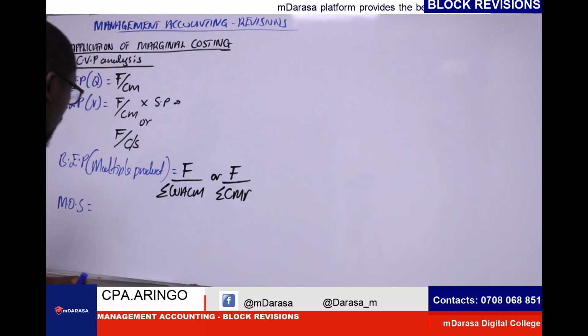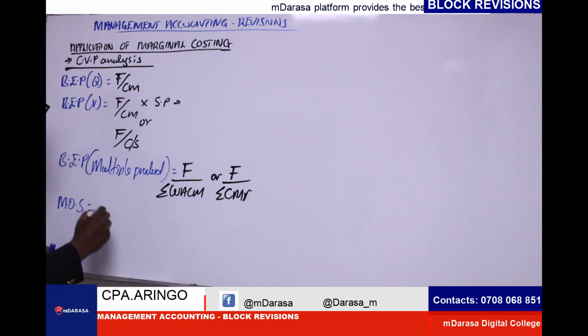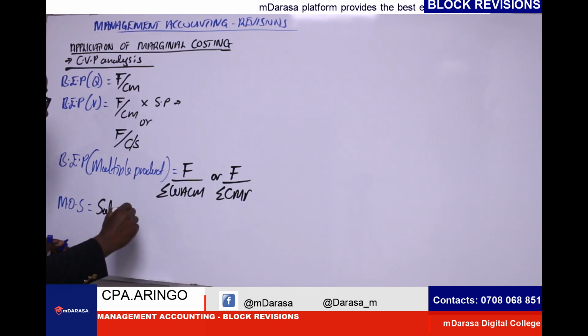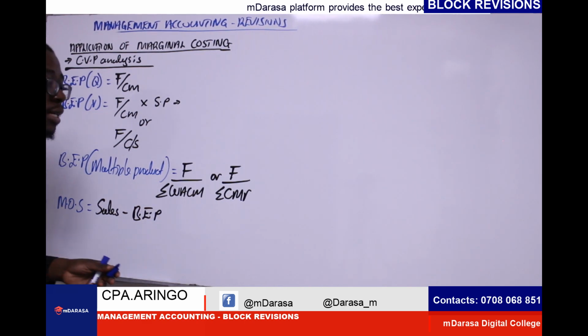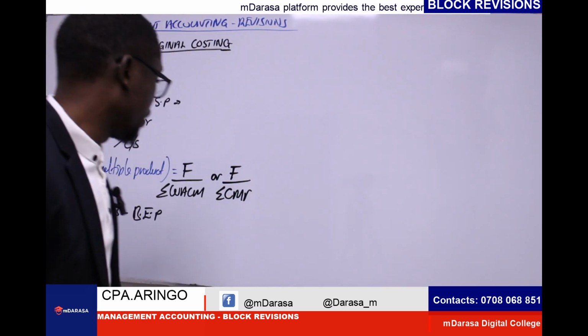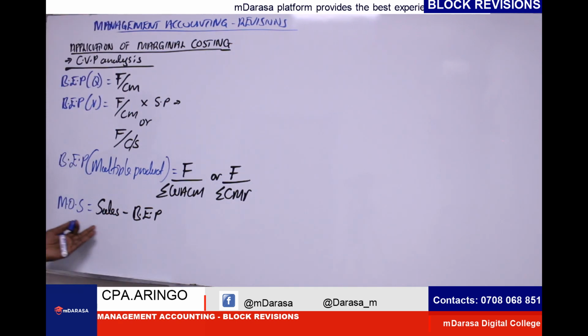So it's simply the range between our sales minus our break-even point. The sign won't matter. So we look at margin of safety as the range.